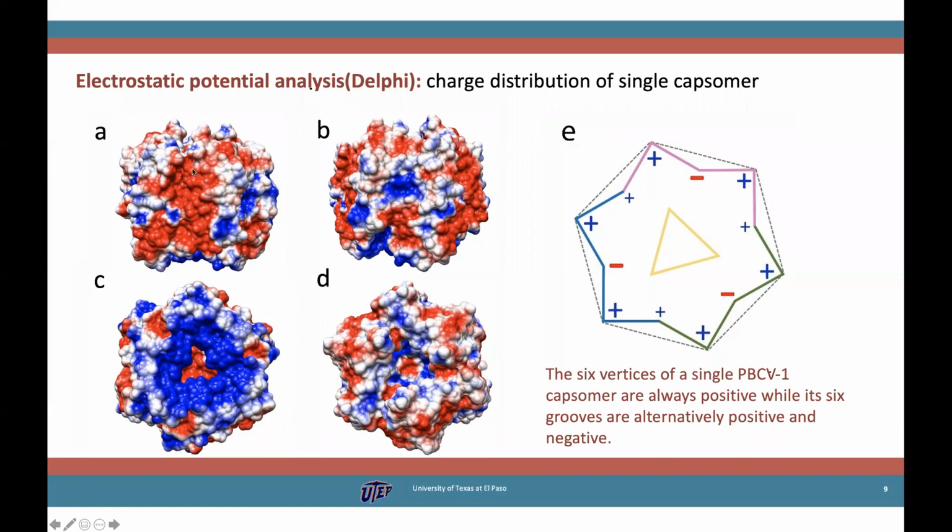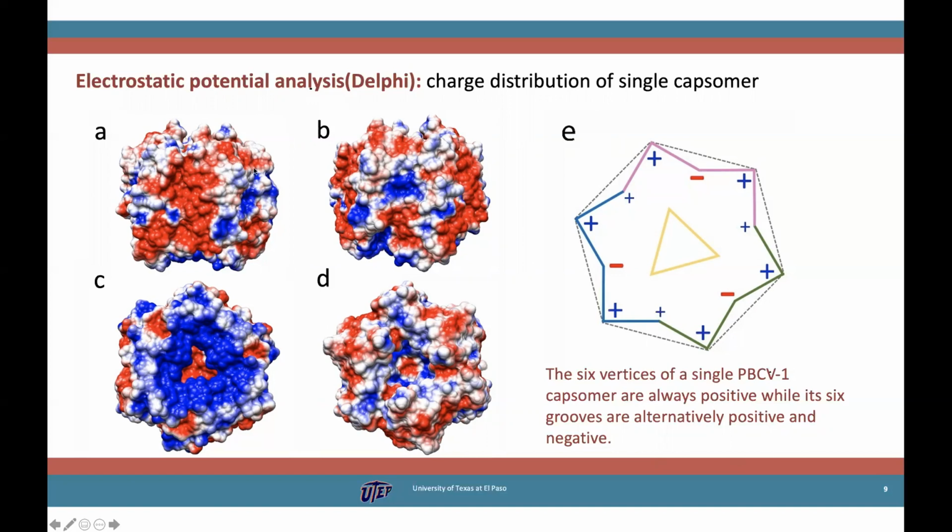From the side view, on some sides of the capsid it's very negative, and on some other sides it's positive and negative, but more positive. And on the edge of a pentagon of the capsid, it's always positive.